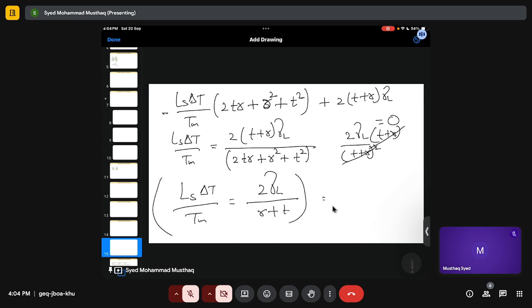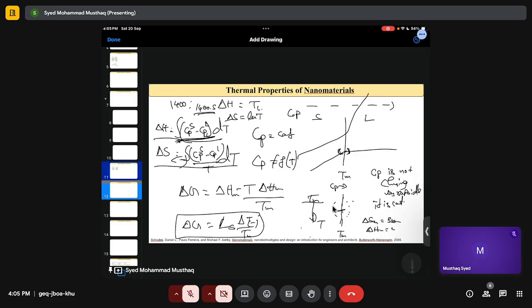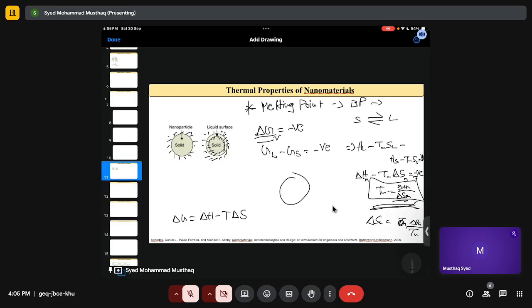There is one relation, and if you take the other gamma SL, then it will be 2 gamma SL upon r minus t. So you can either derive this, if you take a solid and then let's draw a clear circle.